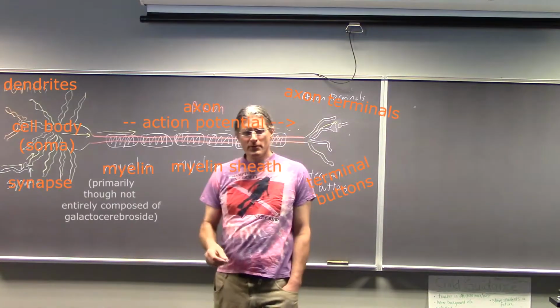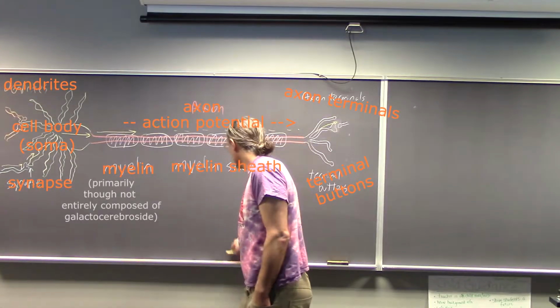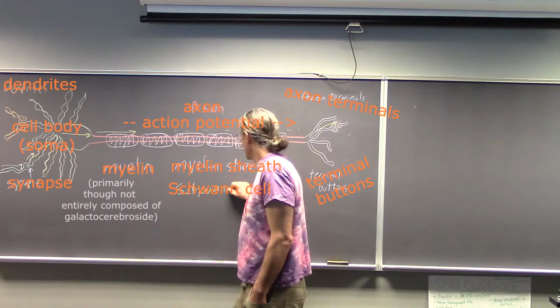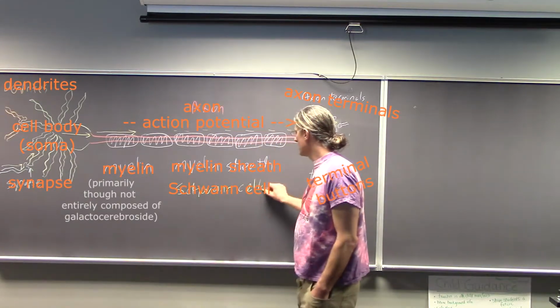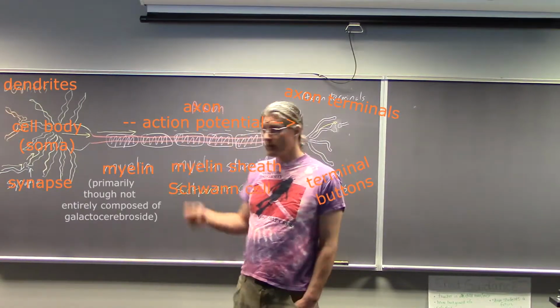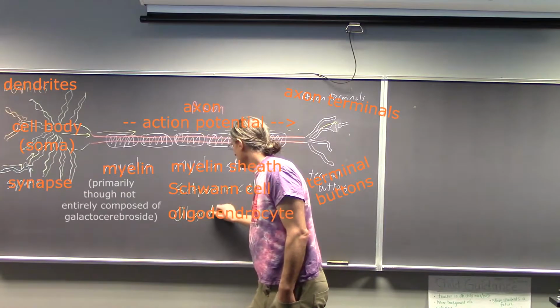And in the peripheral nervous system, the myelin sheath is associated with something called Schwann cells. And in the central nervous system, the brain and the spinal cord, instead it's oligodendrocytes.